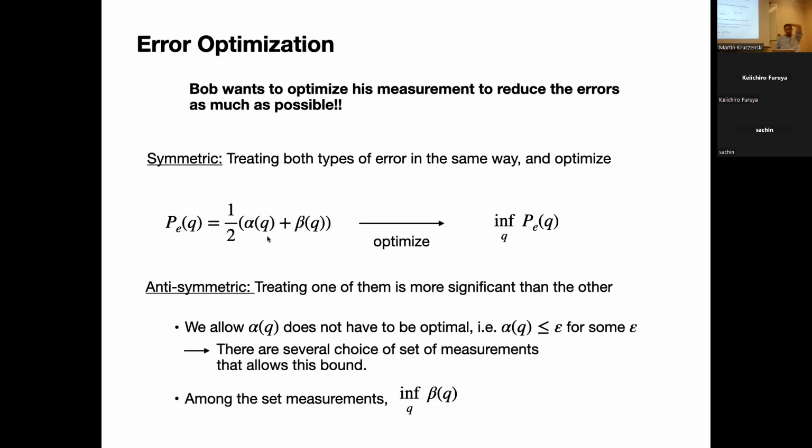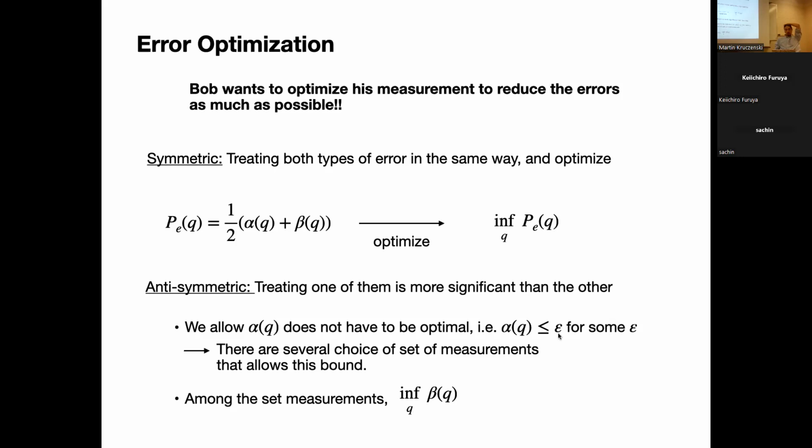This is the symmetric case, but there's also the anti-symmetric case. This is actually relevant to us because the relative entropy is not a symmetric quantity under swapping. In this case, you set a constraint on one of the error probabilities, alpha. You allow alpha to be some small number, and then by fixing that, you want to optimize beta.